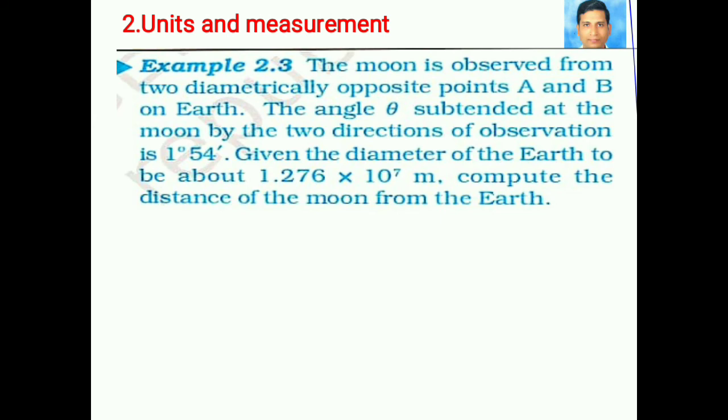Let us solve one more problem. The moon is observed from two diametrically opposite points A and B on earth. The angle theta subtended at the moon by the two directions of observation is 1 degree 54 minutes. Given the diameter of the earth to be about 1.276 into 10 power 7 meters, compute the distance of the moon from the earth.